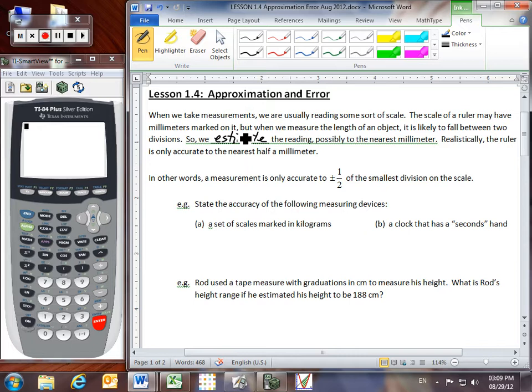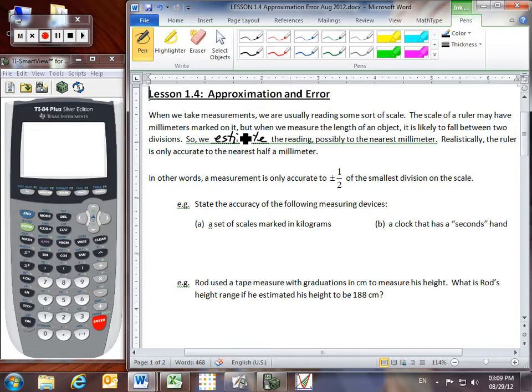Realistically then, the ruler is actually accurate only to the nearest half a millimeter. So if you see that you've got a length somewhere between 3 and 4 millimeters, maybe you could say, okay, that's 3.5 millimeters, but how could you confidently say that it's 3.276 millimeters? So really we can only estimate to the nearest half a millimeter.